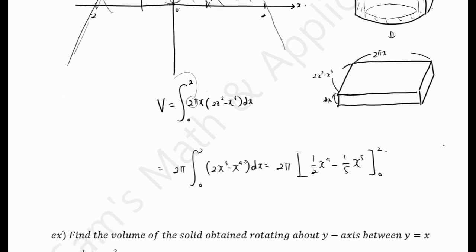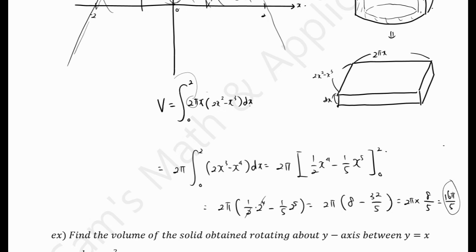So it becomes 2 pi times (1 over 2 times 2 to the power of 4 minus 1 over 5 times 2 to the power of 5), which is 8 minus 32 over 5, so 2 pi times 8 over 5, which is 16 pi over 5. This is the answer.